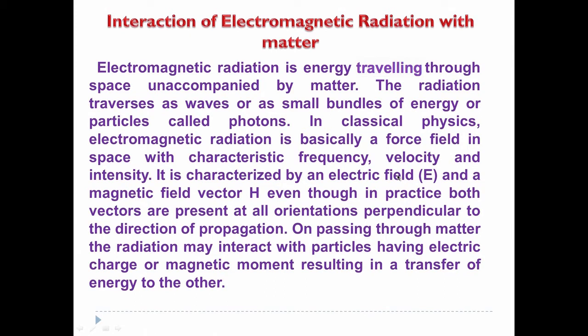Electric field is denoted by E and magnetic field is denoted by H. Any electromagnetic wave, whether it is cosmic rays, gamma rays, X-rays, ultraviolet rays, visible rays, infrared rays or microwaves, any of the radiation that we consider must be accompanied by an electric field and a magnetic field.